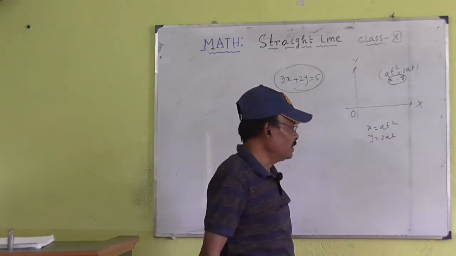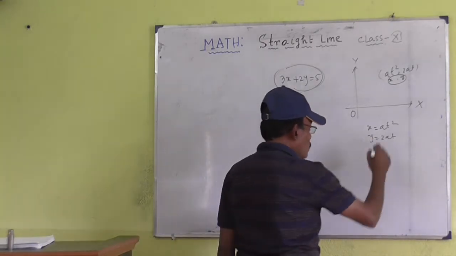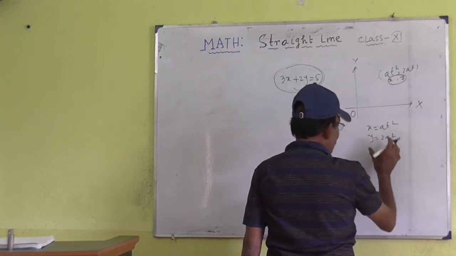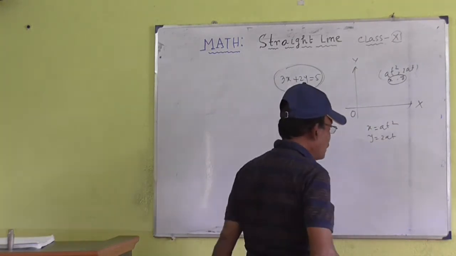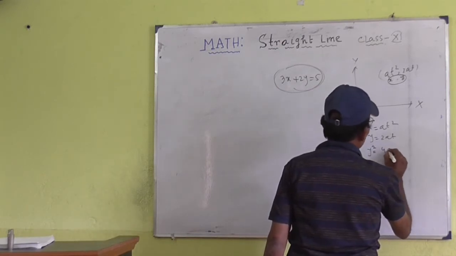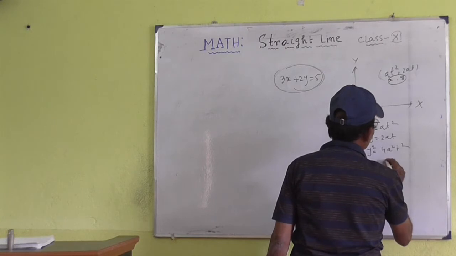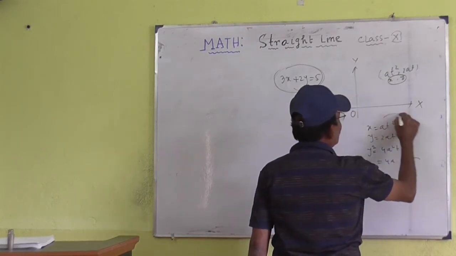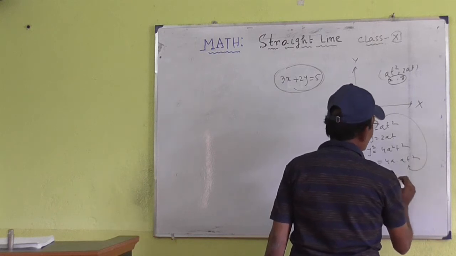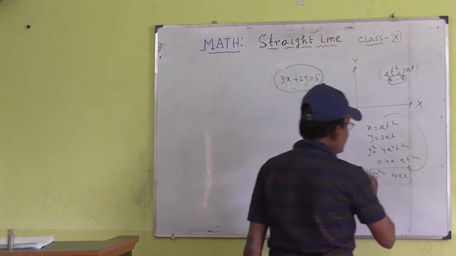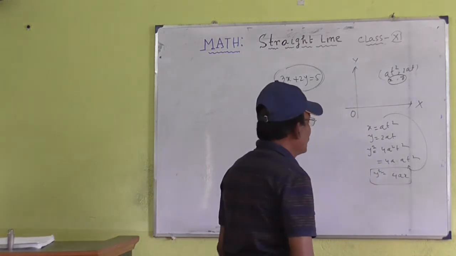Now, with the help of t, we find the relation between x and y. If we square both sides, y squared is 4a squared t squared, which is 4a into at squared. Now putting the value of x here, y squared equals 4ax. That is a locus, that means a relation between x and y.